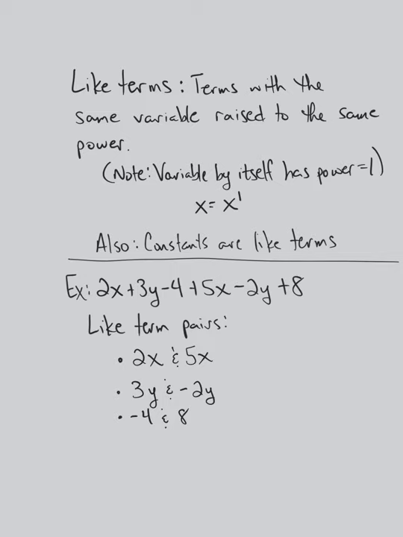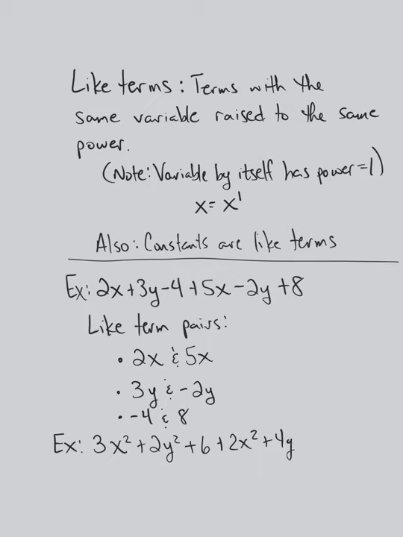All right, like that. Let me show you one other example, and then we'll talk about what we do with like terms and expressions to simplify them. This one will have exponents. So say I have 3x squared plus 2y squared plus 6 plus 2x squared plus 4y, like that.